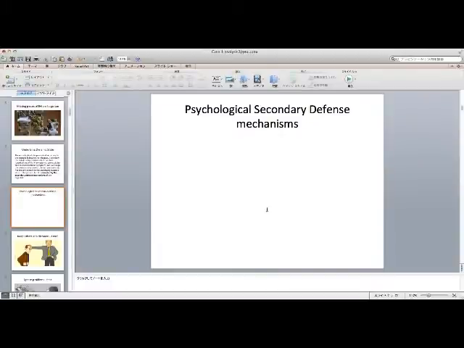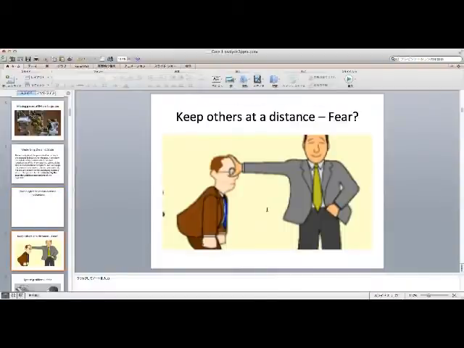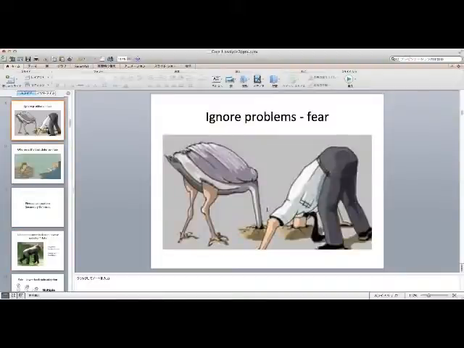Now, this idea of secondary defense mechanisms is probably very familiar to you in psychology. We keep others at a distance because of fear. This is a kind of psychological defense mechanism. We ignore problems out of fear.